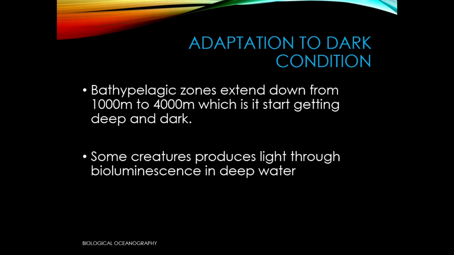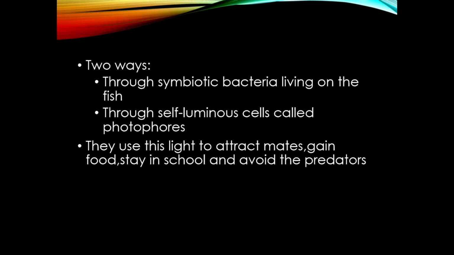Some creatures produce light through bioluminescence in deep water. There are two ways these deep organisms produce light. Number one is through symbiotic bacteria living on the fish, and the other is through self-luminous cells called photophores. They use this light to attract mates, gain food, stay in school, and avoid predators.